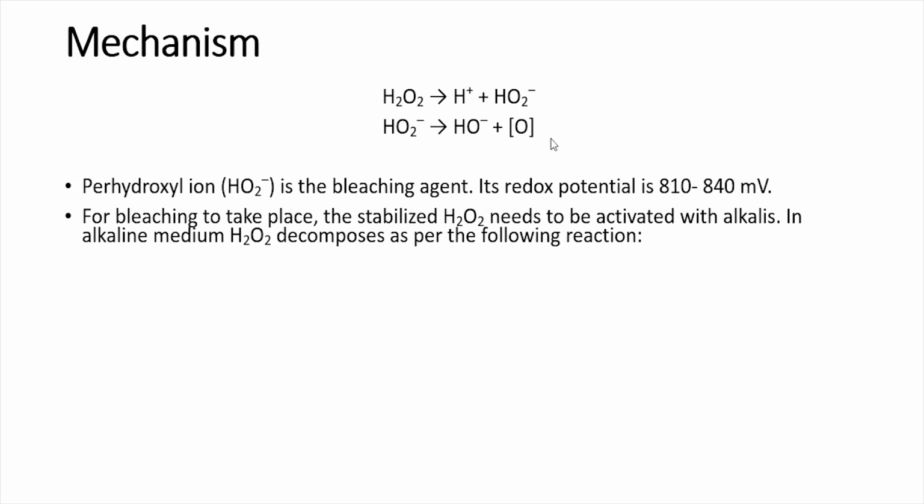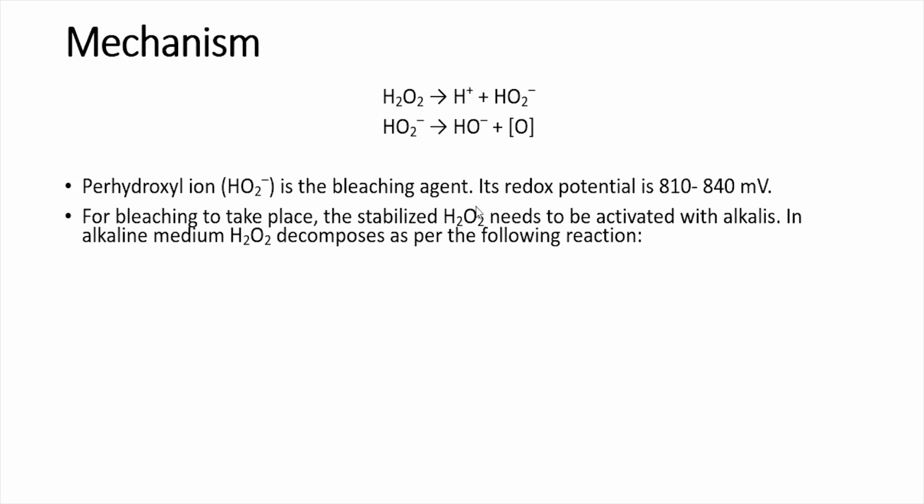Hydrogen peroxide is very fast, that means it will oxidize in a very fast manner. So you have to use some stabilizer to control the oxidation. Otherwise, most of the hydrogen peroxide will decompose, and it won't oxidize the natural coloring matter.